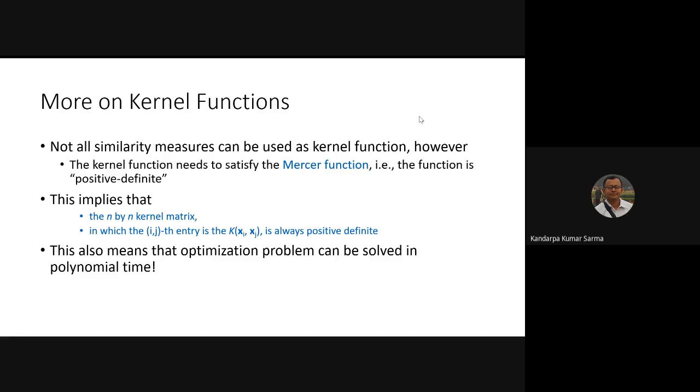That means you can have an n cross n kernel matrix where the ijth entry, k of xi, xj, is positive definite in all cases. This means that you get a solution for the optimization problem in polynomial time.